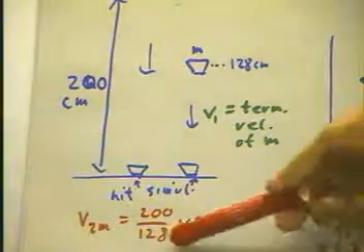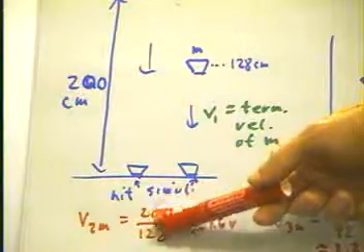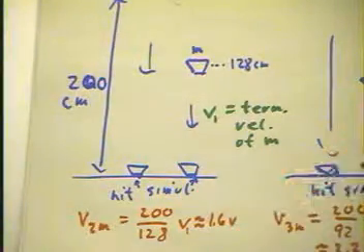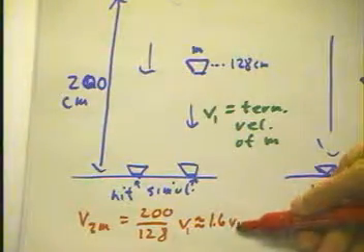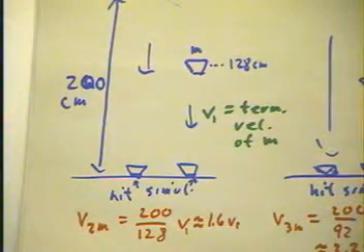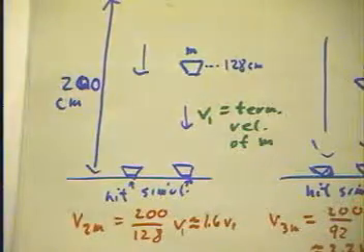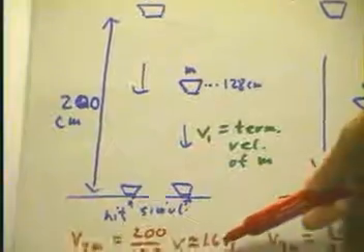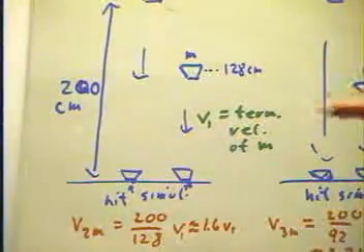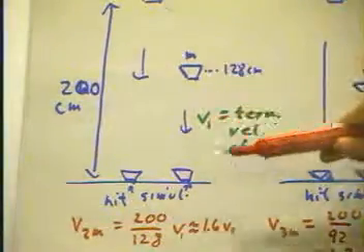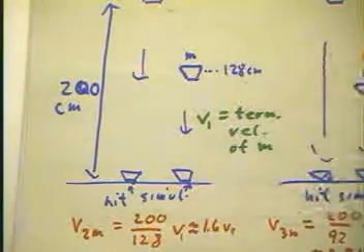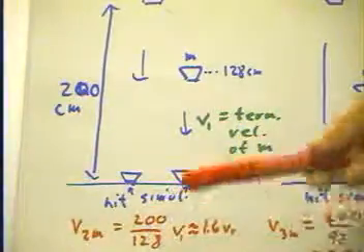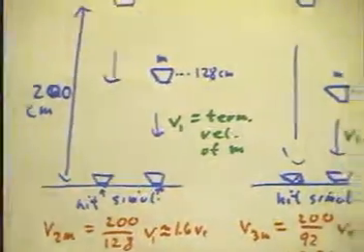And the proportion is going to be 200 to 128, or about 1.6, so that the velocity observed, at least the average velocity of the doubled mass, seems to be about 1.6 times the velocity of the single mass. And if we assume that both masses are moving always at their terminal velocity, then the terminal velocity here is going to be 1.6 times this.